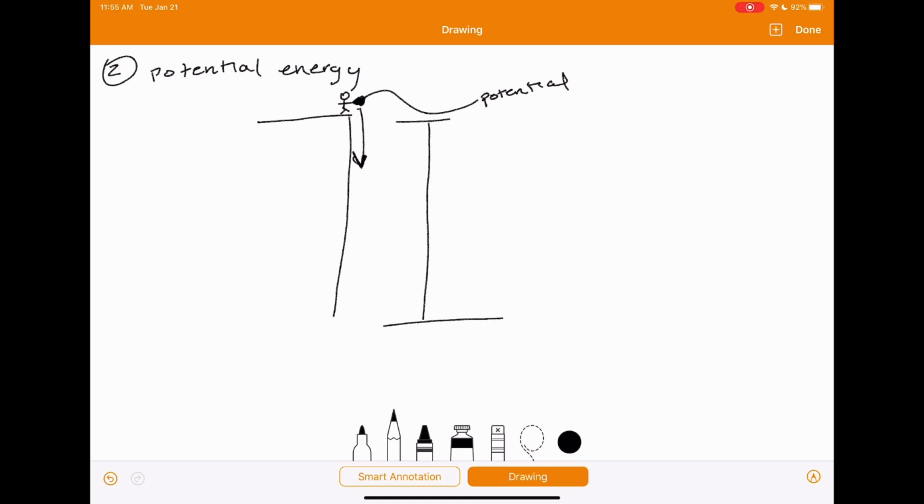All right, now this height would be h. The object obviously has a mass, and so the potential energy for an object is going to be mgh. So mass times gravity times height.